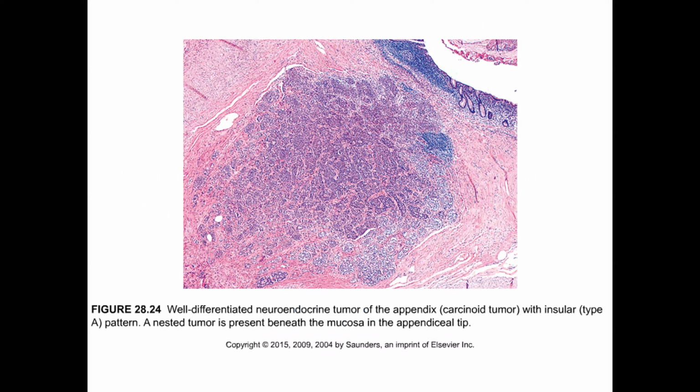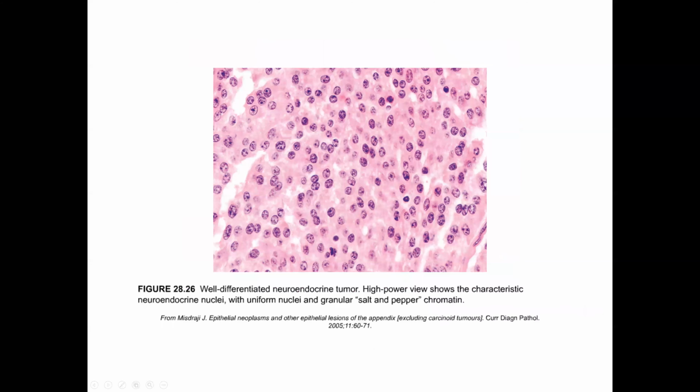Microscopically, these are not particularly diagnostic problems. They may have the sort of insular type of pattern, islands of cells in a background, but they can also have very typical, round nuclei, salt and pepper chromatin, lack of any prominent nucleoli, low mitotic rates, and so forth, characteristic of low-grade neuroendocrine tumors.